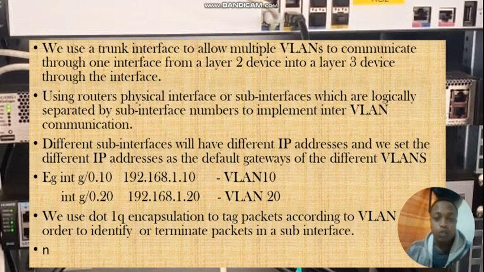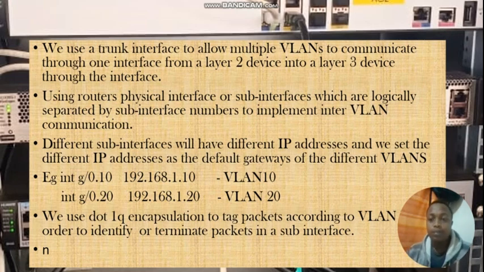Now, when we have assigned these different IP addresses to the VLANs, then we use the .1q encapsulation to tag the packets according to the VLANs in order to identify or terminate packets in our sub interface.